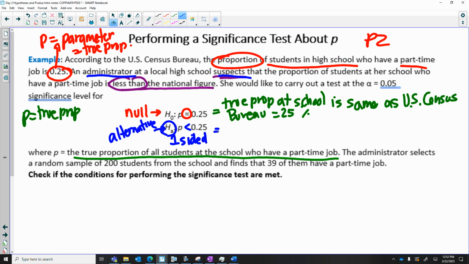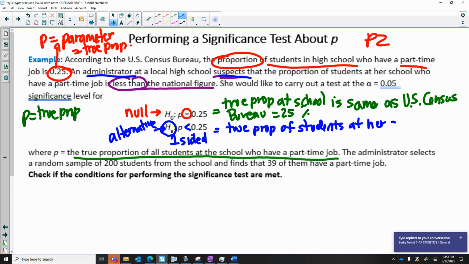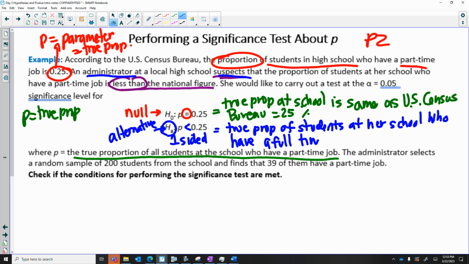In words, this means the true proportion of students at her school who have a part-time job is less than the 25% national average or national proportion being advertised. So she's trying to prove this, HA, okay?